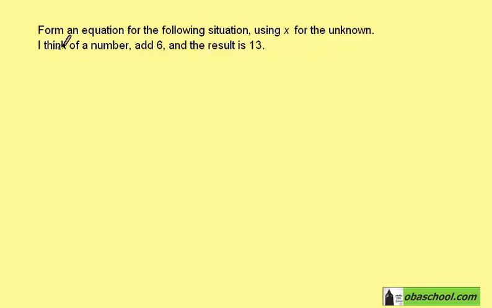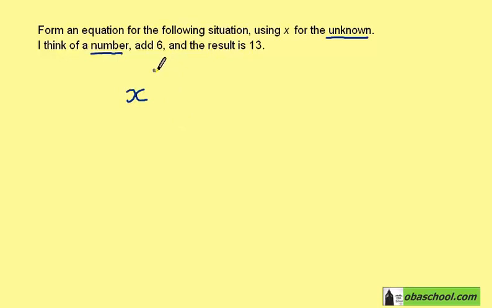We're told to form an equation for the following situation using x for the unknown. I think of a number, add 6, and the result is 13. The number I think of is the unknown, so I'm going to use x to represent this number.